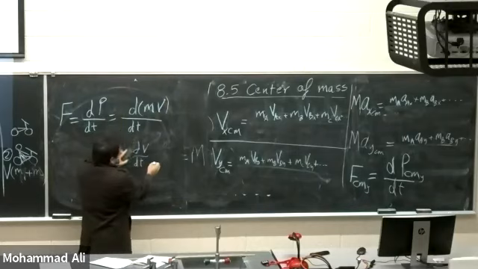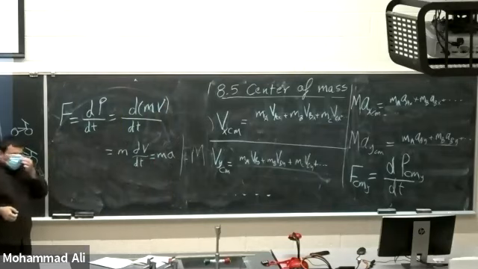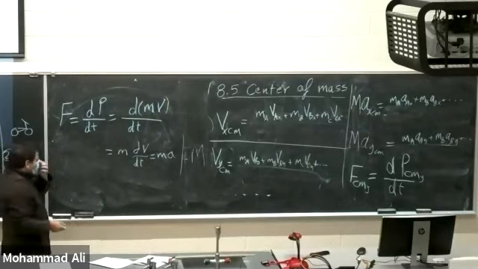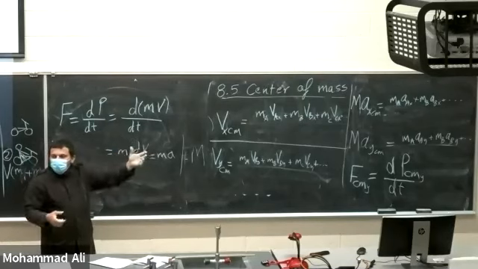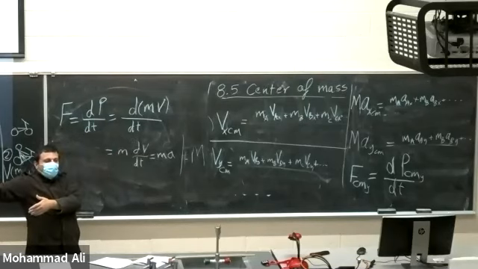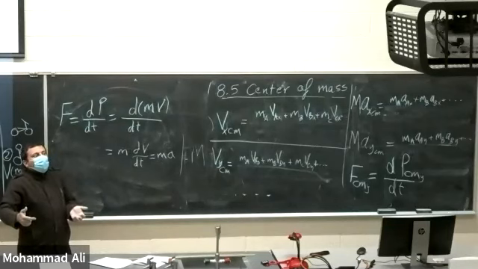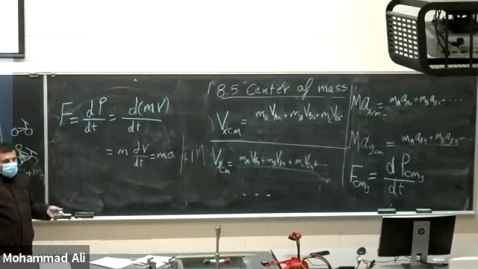And this is the acceleration. Always we did this. But now in the rocket example, the rocket loses its mass because of the exhausted gases, and the gases going out from the rocket are changing in their mass.